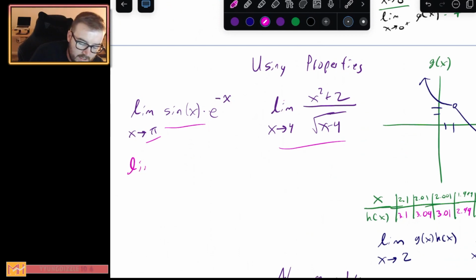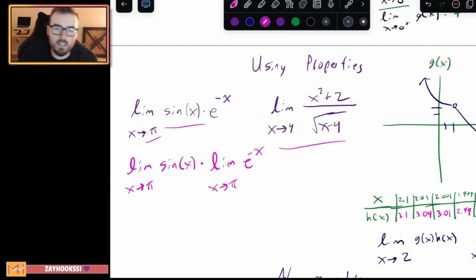You could think of this as this times this, right? You can think of it as 2 separate things. You don't have to look at it as one behemoth function and get scared or intimidated. You can split it into chunks, okay?